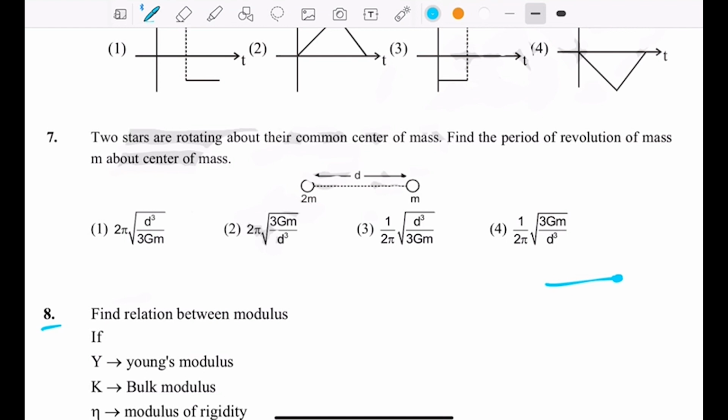Period of revolution, 2 pi by omega. So obviously omega you have to calculate. So reduced mass will be 2m into m, so 2m square by 3m. So m gets cancelled, 2m by 3 is the mass. What can we do here?